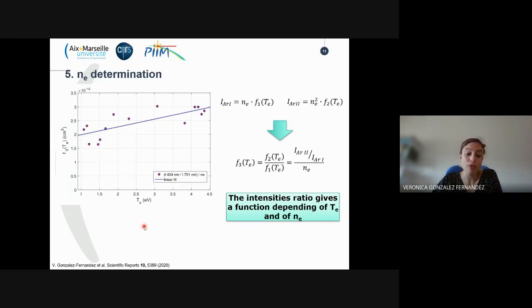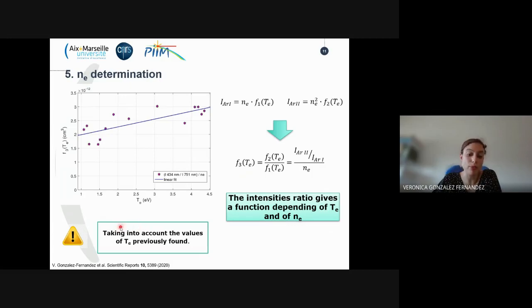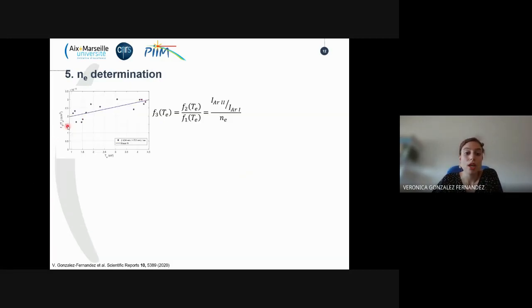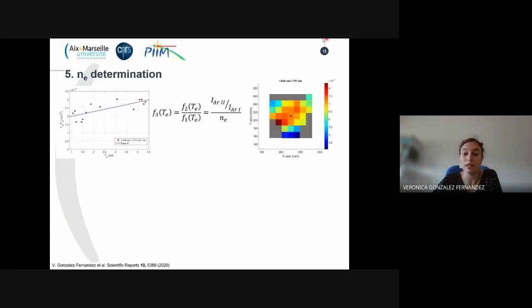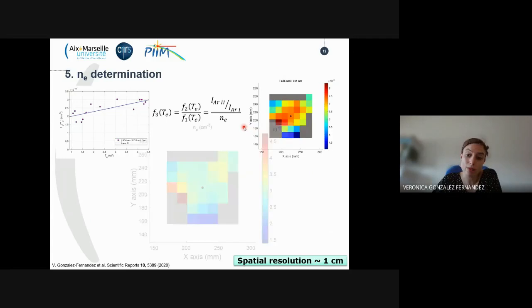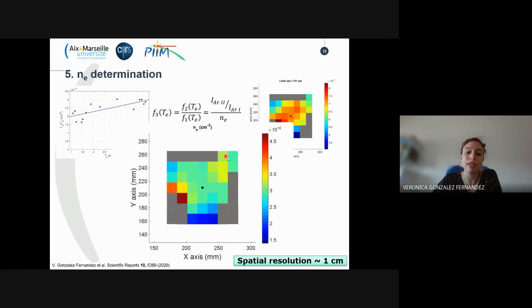Of course, we have to take into account the previously found electronic temperature values. If we proceed with this fit and the intensity ratio map, we can determine the electronic density in each pixel of our 2D map.